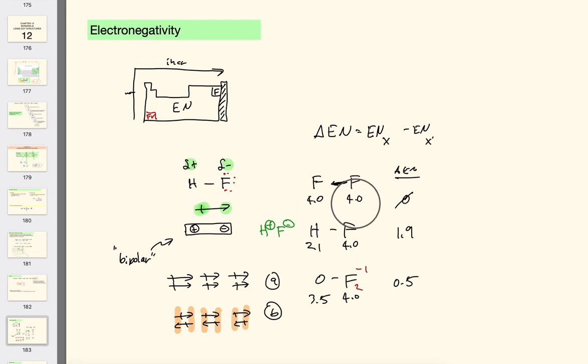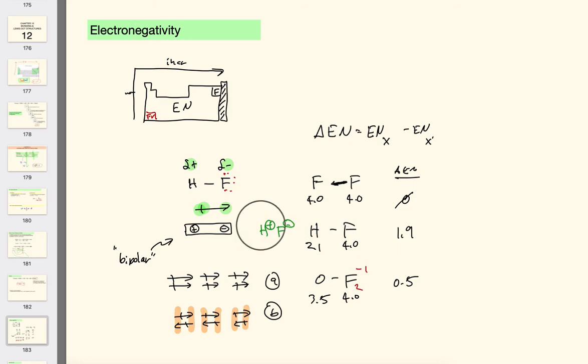Okay, so you don't have to memorize this. If you need to know this for the test, I will tell you. But the most electronegative, fluorine, has a value of 4. That's the scale. The scale goes from 0 to 4, with 4 being the most electronegative, and 0 or something near 0 being the least electronegative.